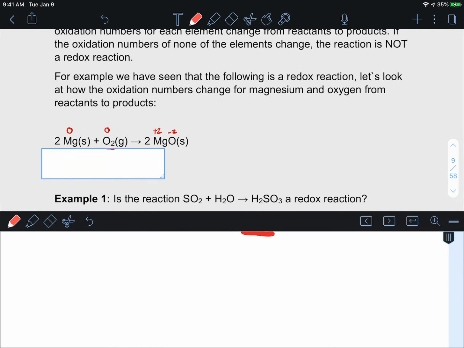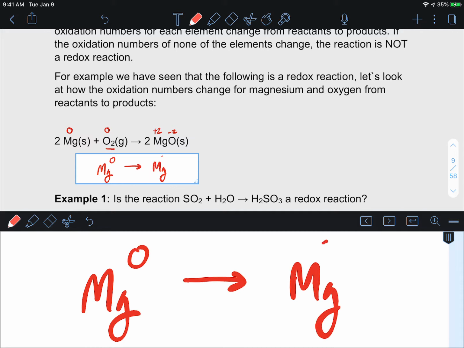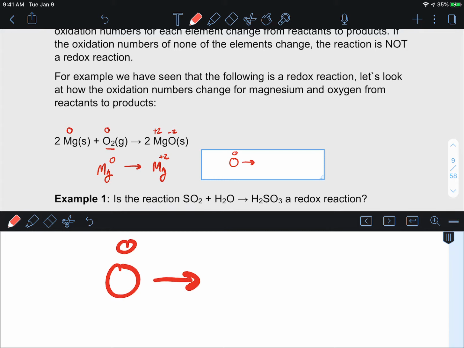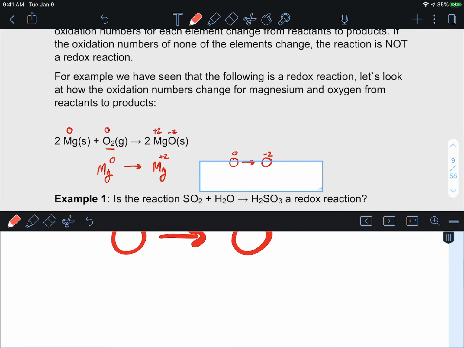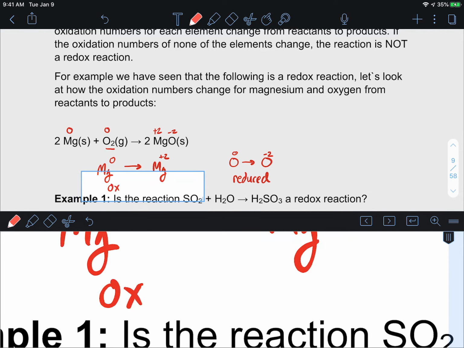So now that we know the oxidation states, we can see that magnesium goes from 0 to magnesium +2. Oxygen, on the other hand, goes from oxygen 0 to oxygen -2. And so in this case, oxygen has been reduced and magnesium has been oxidized.